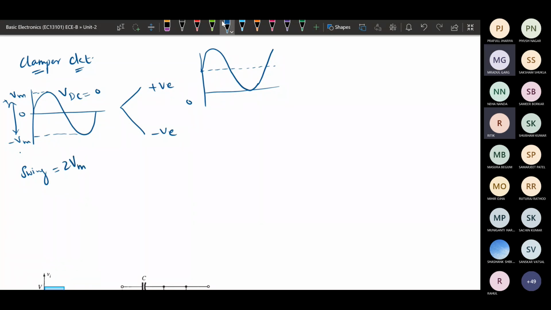The swing in this input waveform is 2 Vm, and suppose it is an AC signal with a 50 Hertz frequency. Also the DC level is 0 volt. So this is the input waveform.